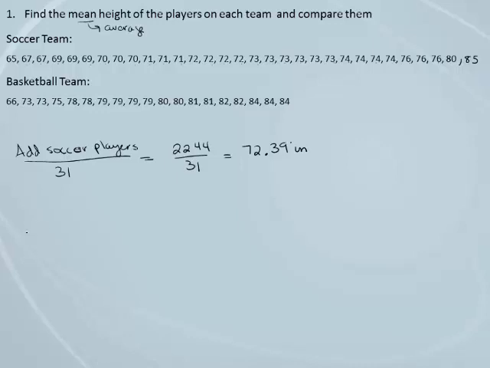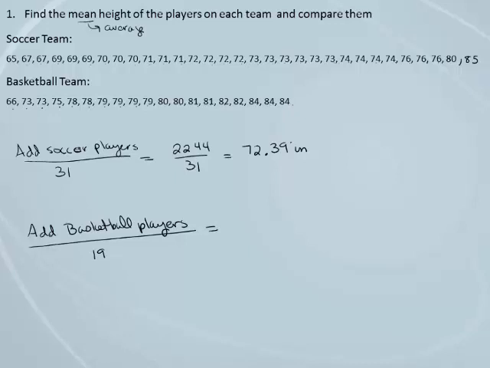Now to find the basketball team average height, I'm going to take all of the heights of the basketball players and divide it by 19.